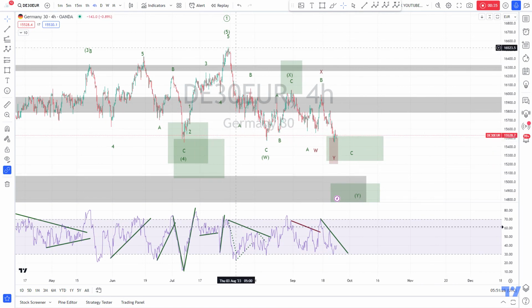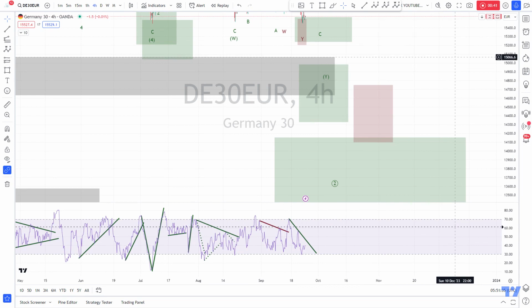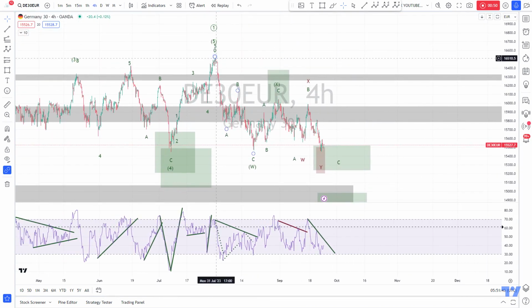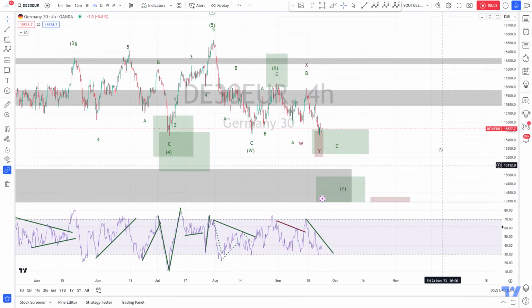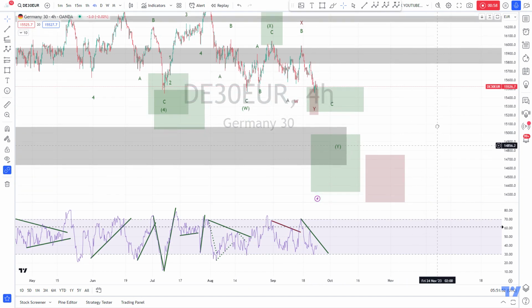But if this was a wave 1 that we finished, I believe we are doing now a wave 2. A wave 2 should go into this area. But like I told you, this can also be a wave 3, and then we should be working on a wave 4, and then the correction will be more shallow.